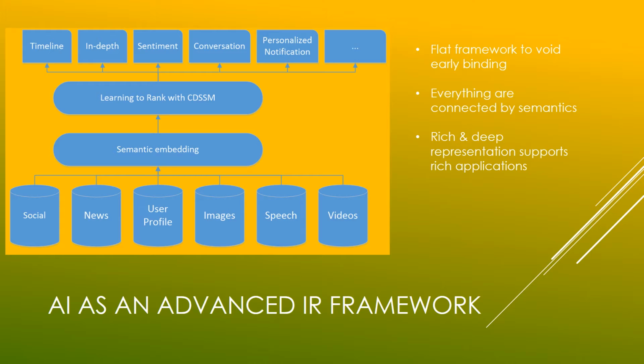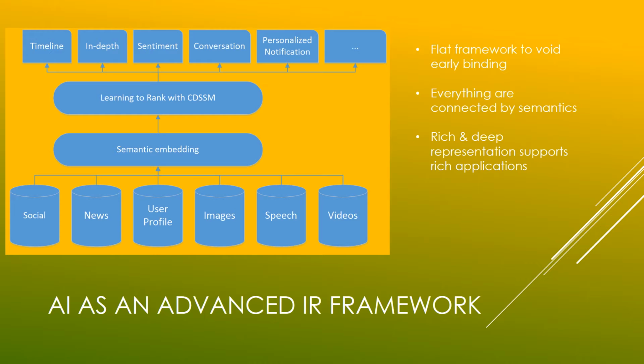Basically, the raw material is at the very bottom, flat, and there's one layer of semantic embedding to translate all that raw material into semantic space. So map social data, map news, map user profiles, map images, map speech, map video onto that semantic space, a higher dimension but a very structured, deep hierarchy of semantic space.